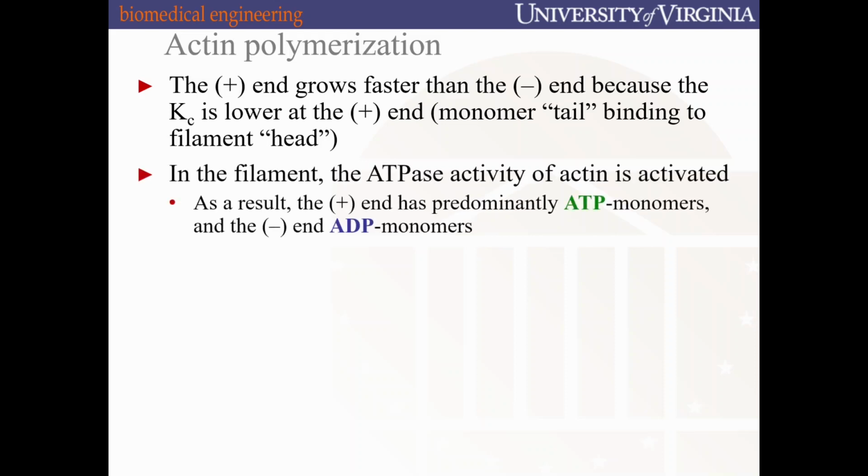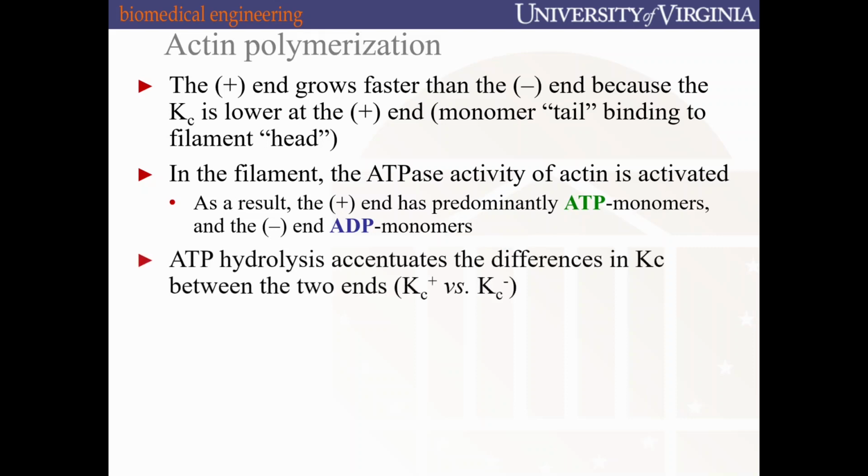On top of this difference in critical concentrations, actin's ATPase activity is activated in the polymerized filament. Similar to microtubules, we have ATP at the end where the filament is growing fastest, and ADP everywhere else. The difference in critical concentrations is accentuated by the ATP versus ADP states of the plus and minus ends.